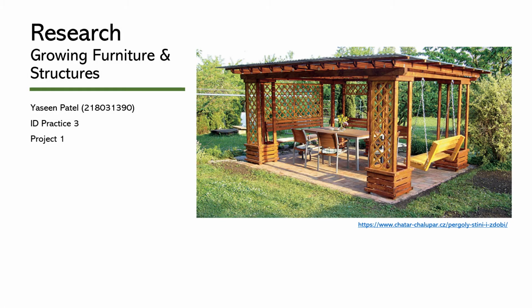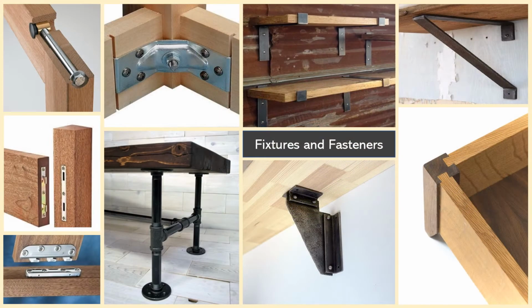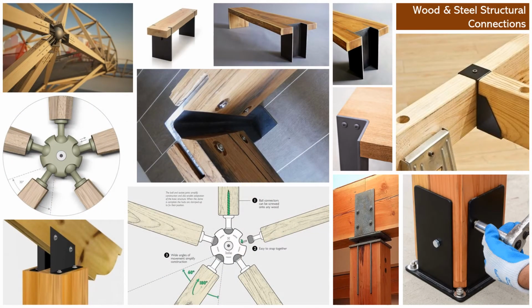Hi guys, welcome back to the final part of my first project of the year for ID Practice 3, which is growing furniture and structures. So I'm just going to quickly browse through a few images that I kept from the first few videos and presentations, which I thought were most important, such as fixtures and fasteners, wood and steel structural connections.